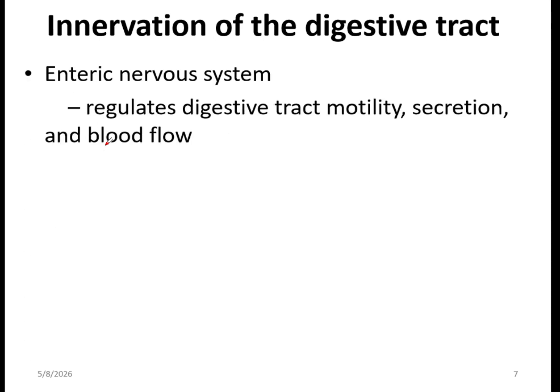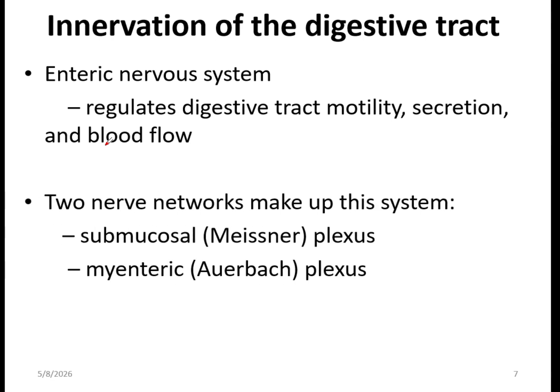Next we can talk about the innervation of the digestive tract. The enteric nervous system regulates the digestive tract motility, secretion and blood flow. Okay, so what does the enteric nervous system do? It regulates the digestive tract's motility, secretion, and blood flow, right?